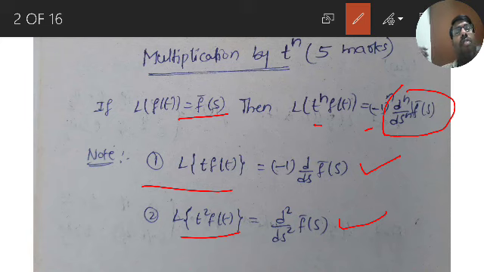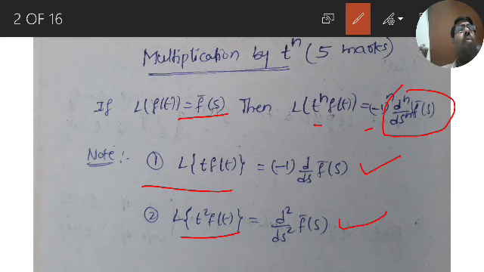L of t square f of t is the second derivative of f bar of s. L of t cube into f of t means minus the third derivative. So for odd powers of t there is a minus, and for even powers you get the derivative directly. For t into f of t, the first derivative; t square into f of t, the second derivative; t cube into f of t, the third derivative.